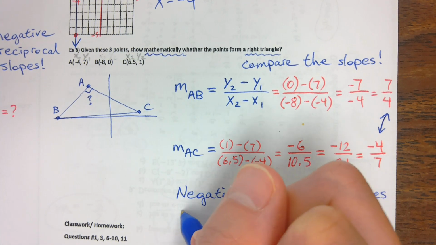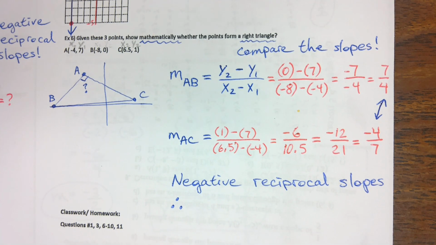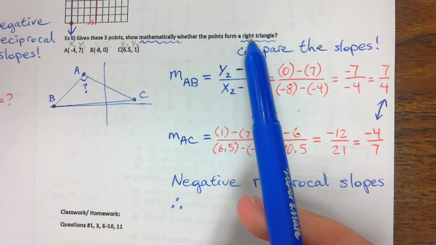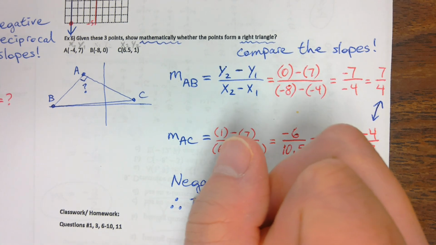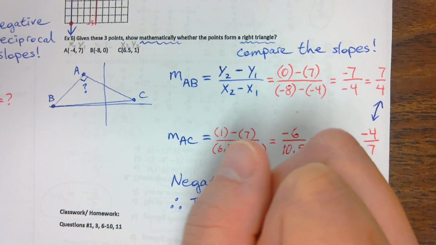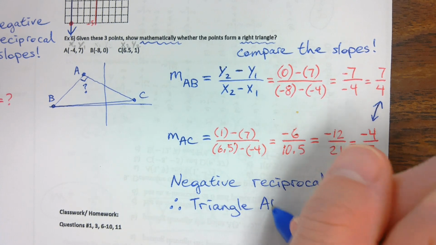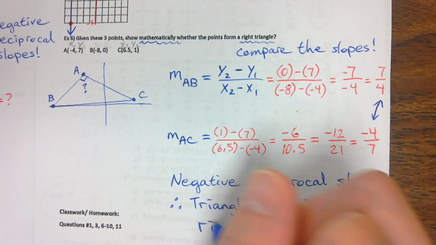So therefore, what does that imply? Looking at the question, it was asking, is it a right triangle? So therefore, triangle ABC is a right triangle.